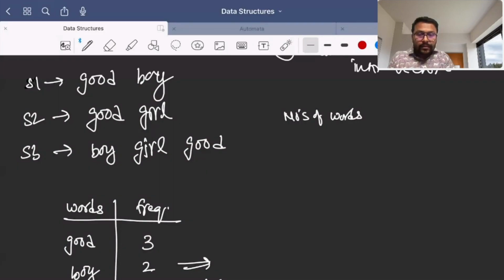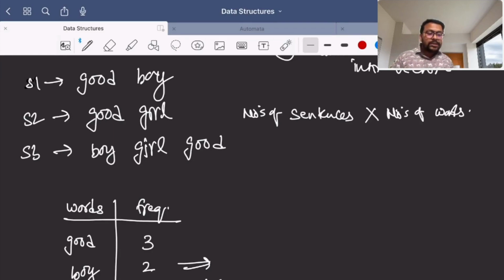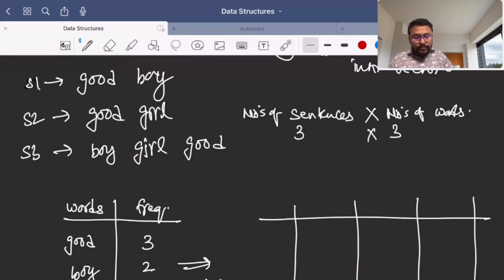Here the number of sentences is 3 and the number of words is also 3. So the matrix we will make is 3 by 3.